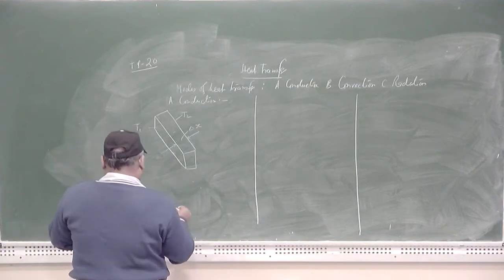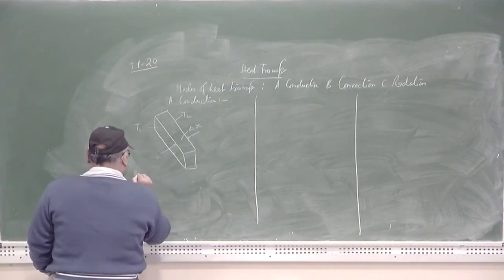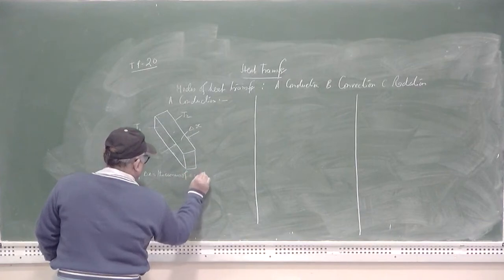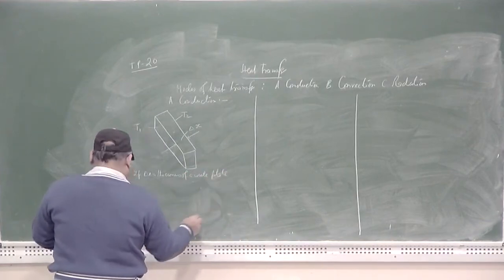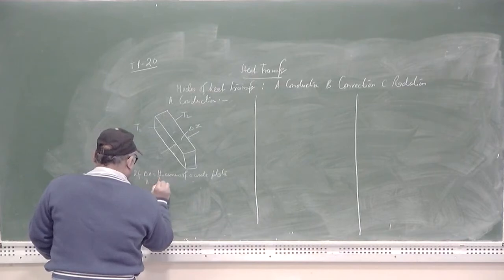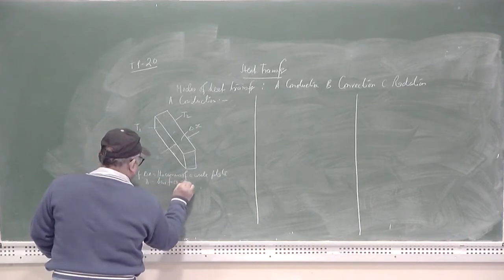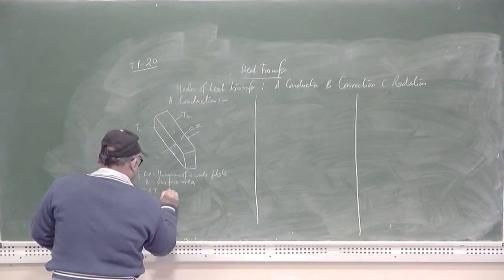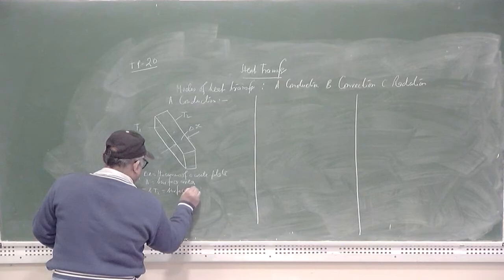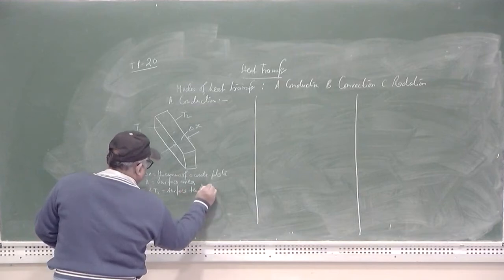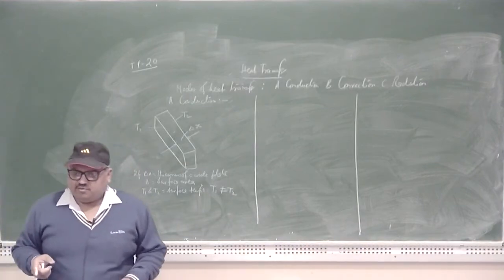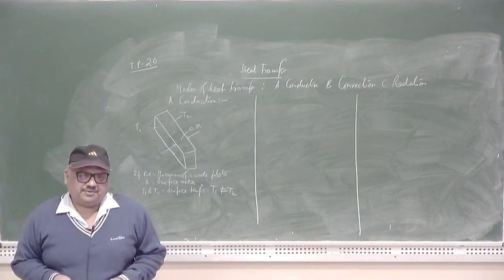So, if delta x is the thickness of a wide plate, and A is the surface area of this plate, T1 and T2 are the surface temperatures in such a manner that T1 is not equal to T2, because if equal temperatures are there, there will not be any temperature gradient, there will not be any temperature difference.